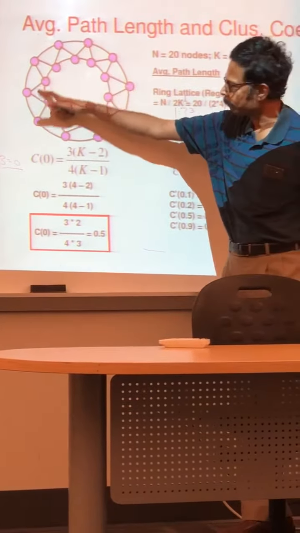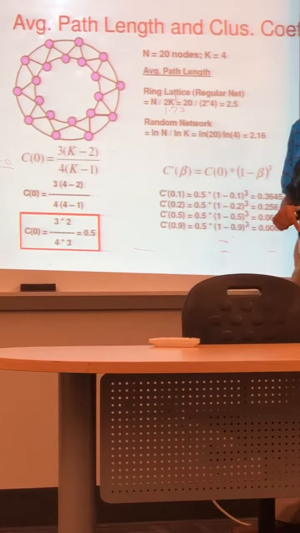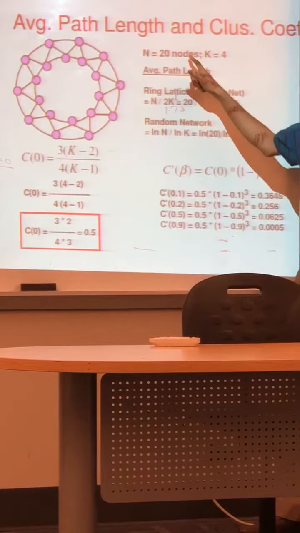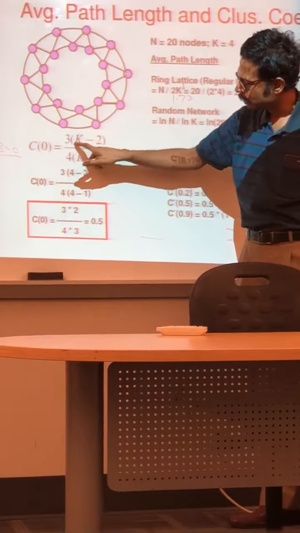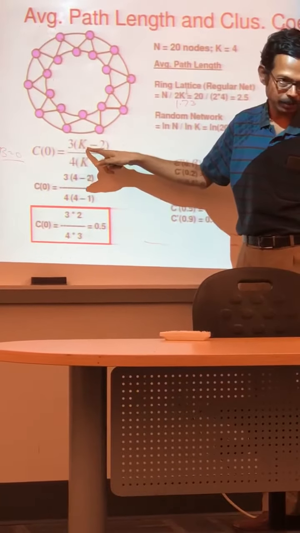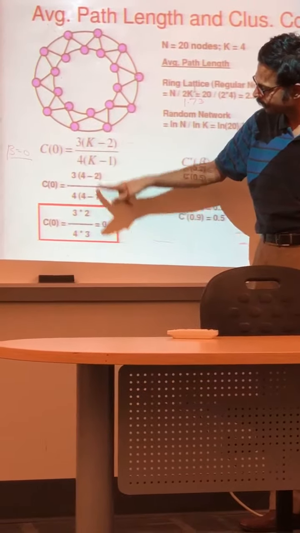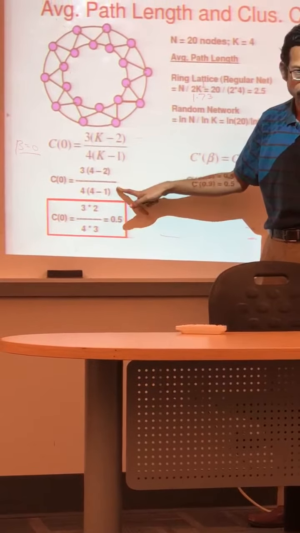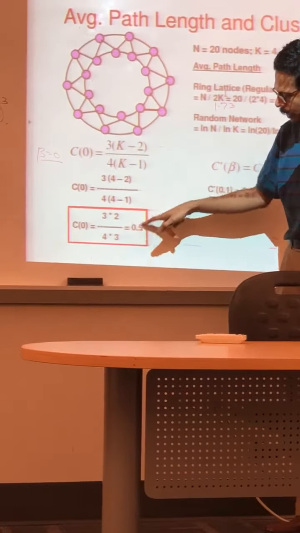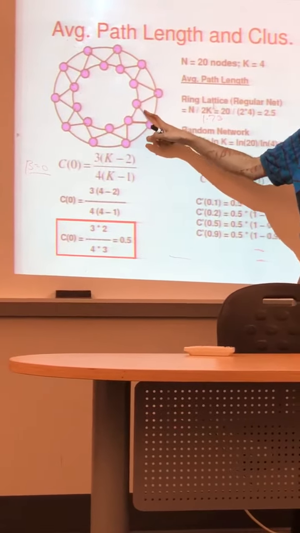This is a ring network with say 4 neighbors for each node and 20 nodes. The number of nodes does not really matter. So if you look at the formula, it is K that is accounted for here. So C of 0, the initial clustering coefficient, is 3 times (4 minus 2) divided by 4 times (4 minus 1). If you simplify that, it is 0.5. So that's the clustering coefficient for this regular network.